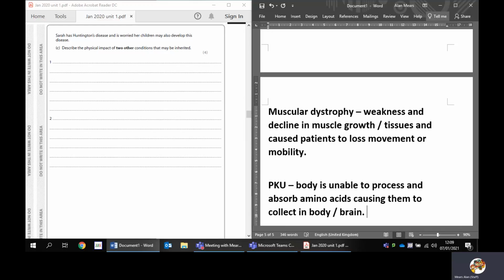Amino acids, so I probably should say, from proteins. So obviously they would require medication as a result.